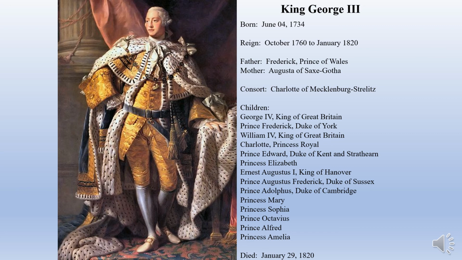Now, the final king that will reign over what is now going to be the United States of America is King George III. George III will be king from 1760 to 1820. I believe he's third in the longest reigned monarchs of England and Great Britain. He was born in 1734.